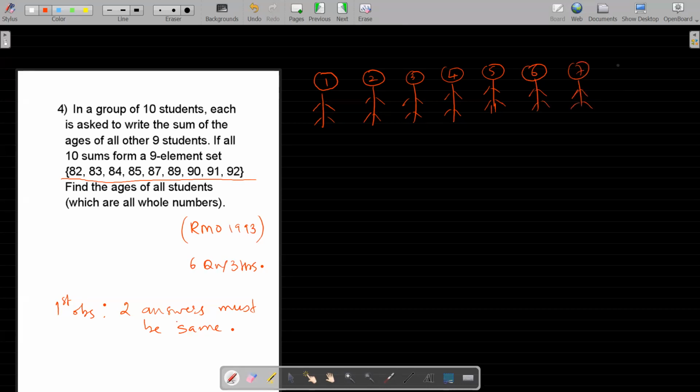So I have drawn 10 students. And let's say suppose age of first student, right now we don't know anything about that. So shall I call it A1, age 1, age 2, age 3, age 4, age 5, age 6, age 7, age 8, age 9, age 10.